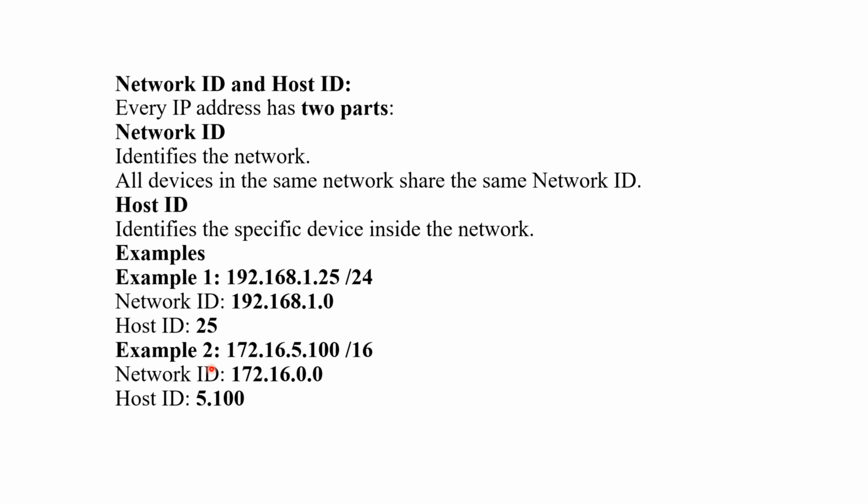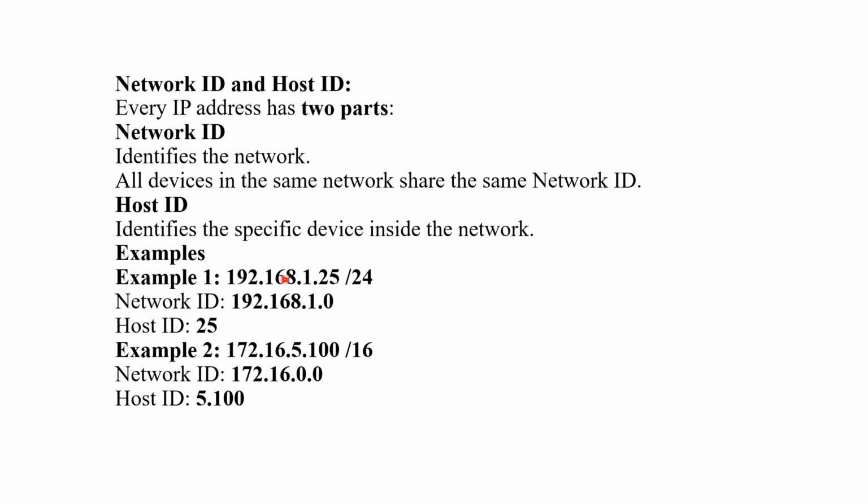And another example: up to here, this is the network ID and the rest is the host ID. The network ID and host ID are different in each class. In class B, the first and second octets belong to the network ID, and the rest belongs to the host ID.